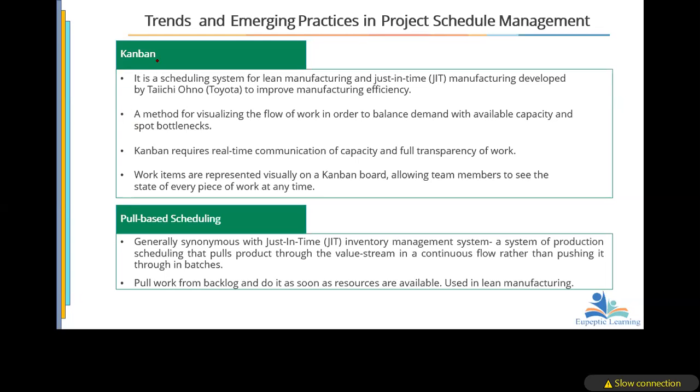Kanban is more of a visual tool. They try as much as possible to indicate when to replace inventory and when not to. There's always real-time communication of capacity and forward transparency of work. We will only replace when it gets to a certain point.